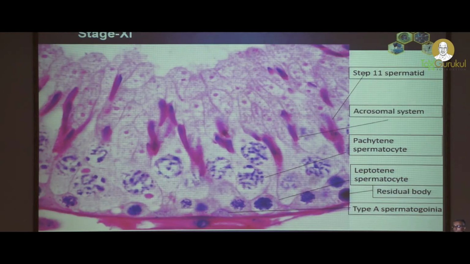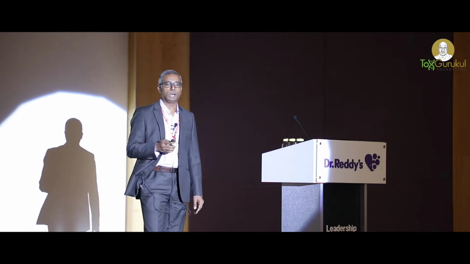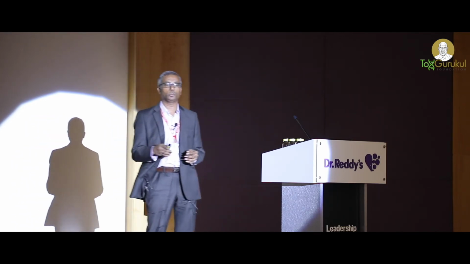By stage 11, the pachytene spermatocytes are even bigger with more condensed chromatin material, and there are hardly any residual bodies except this one, and the leptotene spermatocytes is what you see. The important aspect of this step 11 spermatid is the extension of the acrosomic system almost through the flattened nucleus.